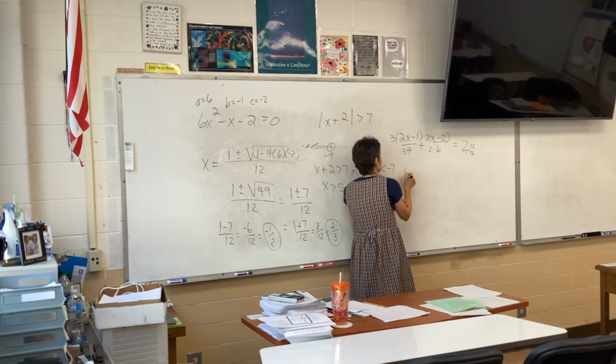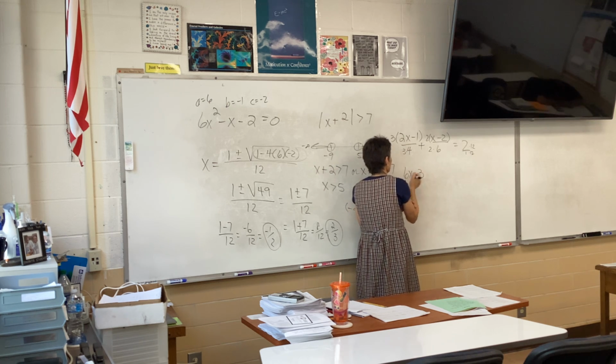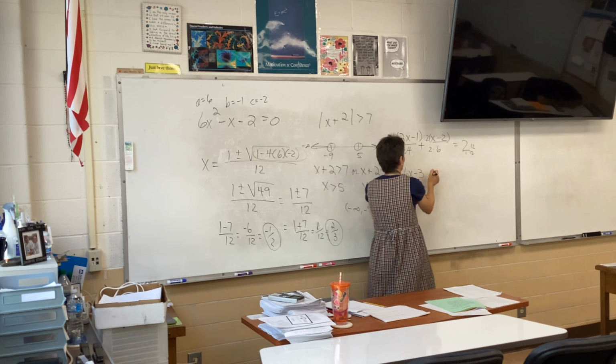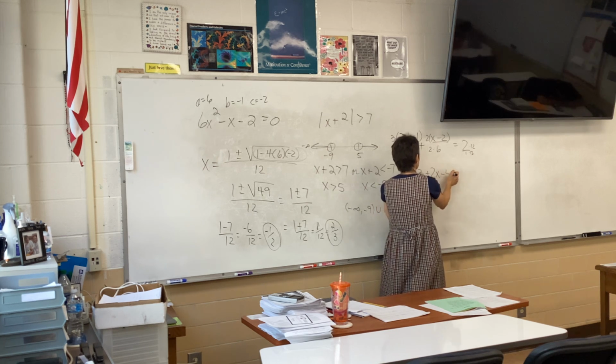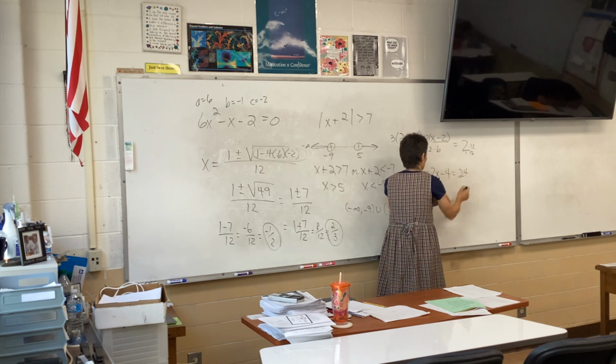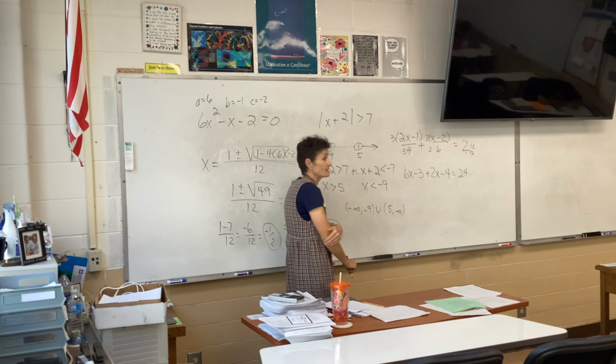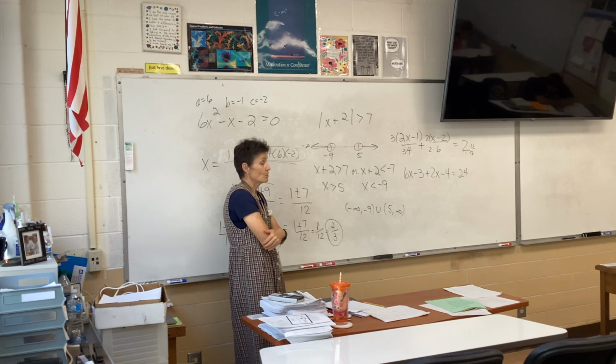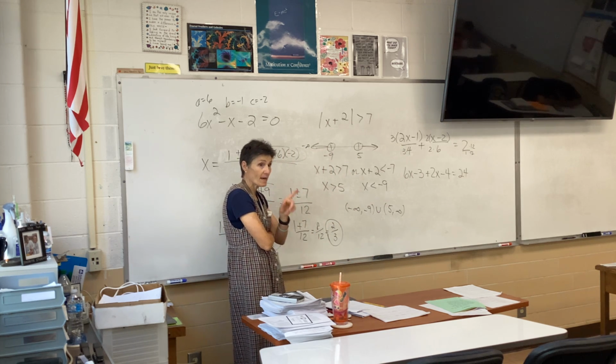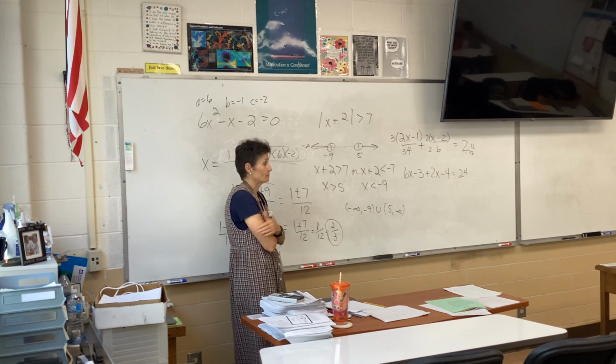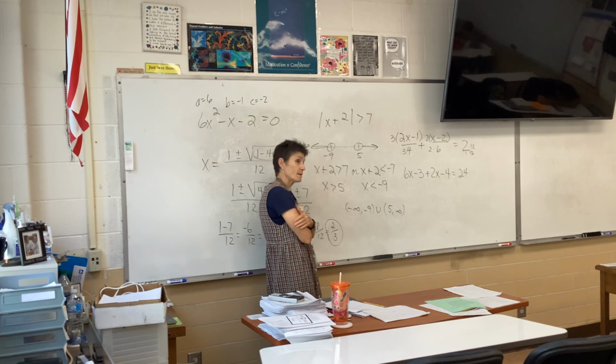Distributing, 6x minus 3 plus 2x minus 4 equals 24. If you used a different common denominator, your numbers will look a little different, but in the end, you'll get my same answer. Everybody okay with this?